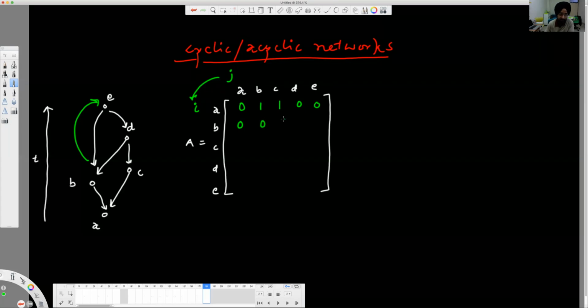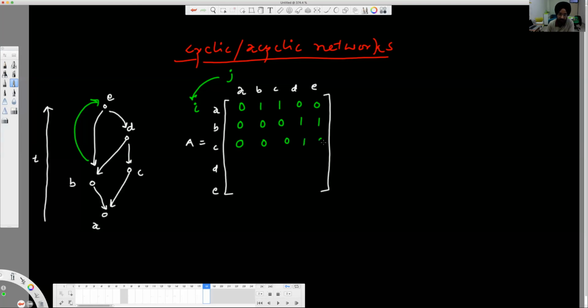Does C cite B? No. Does D cite B? Yes. E cites B? Yes. Does A cite C? No. It cannot be in the inverse direction. Does B cite C? No. Does C cite C? Never. Does D cite C? Sorry, yes. E cites C?